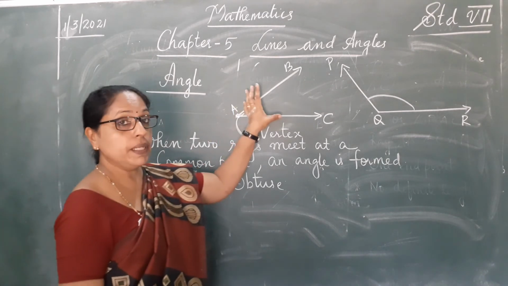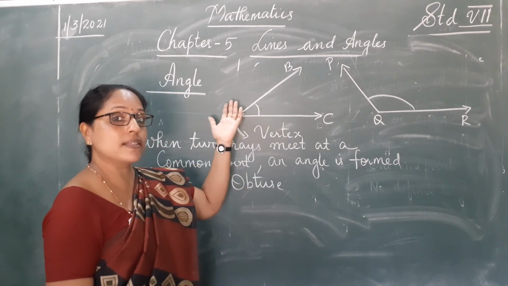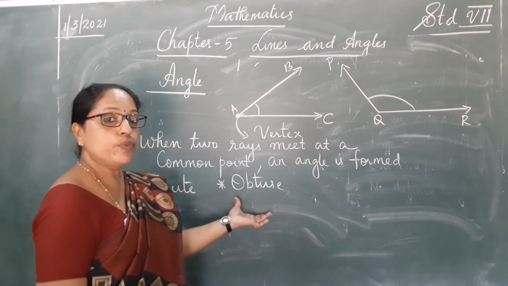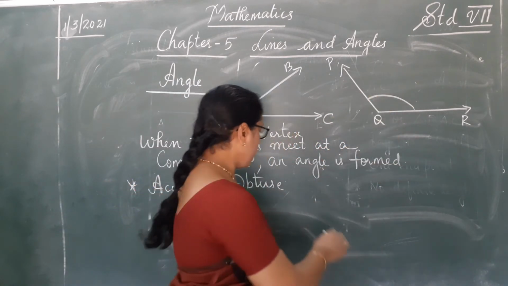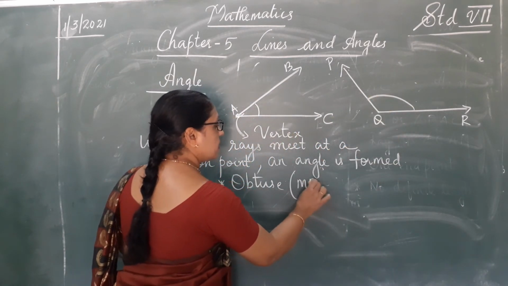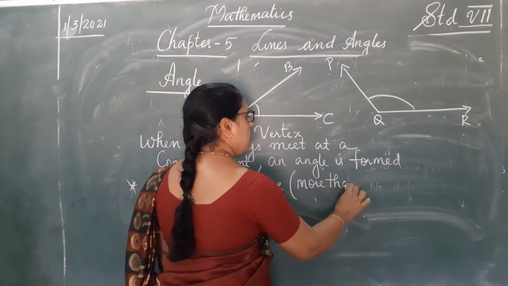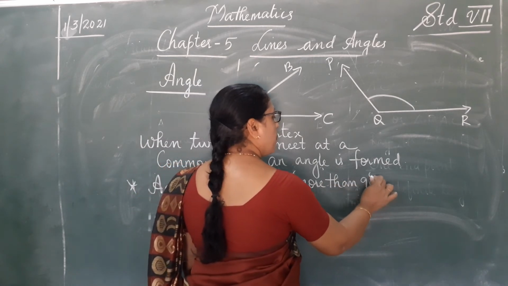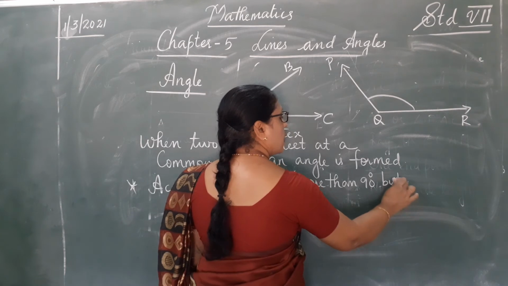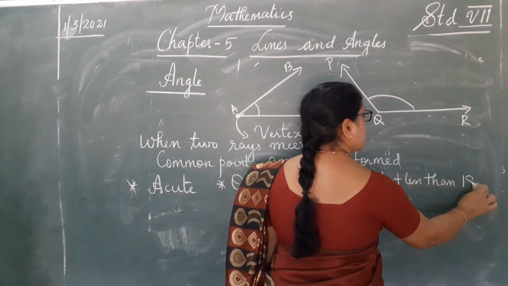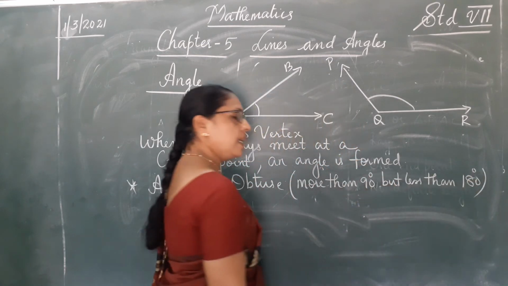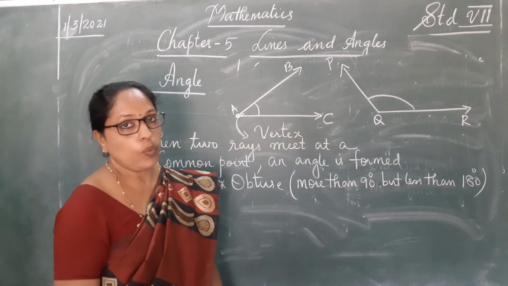Acute angle means angles whose measure is less than 90 degrees. Obtuse angle means angles whose measure is more than 90 degrees but less than 180 degrees.